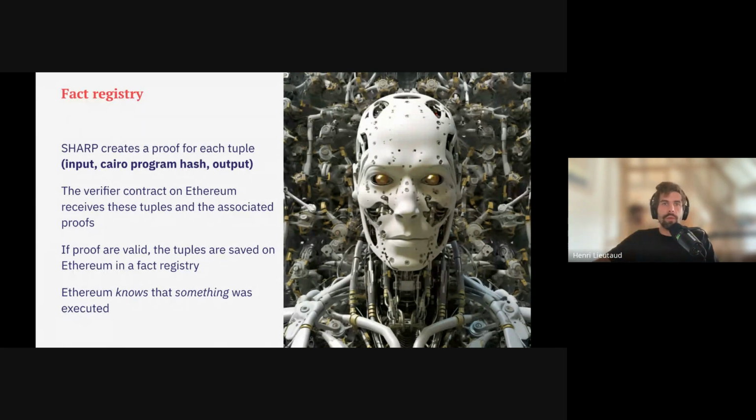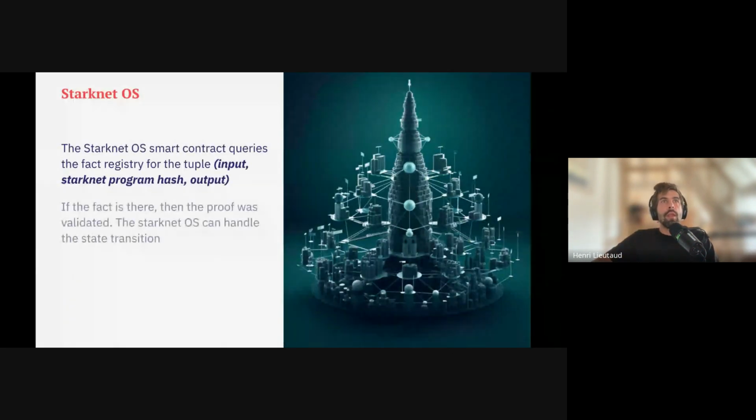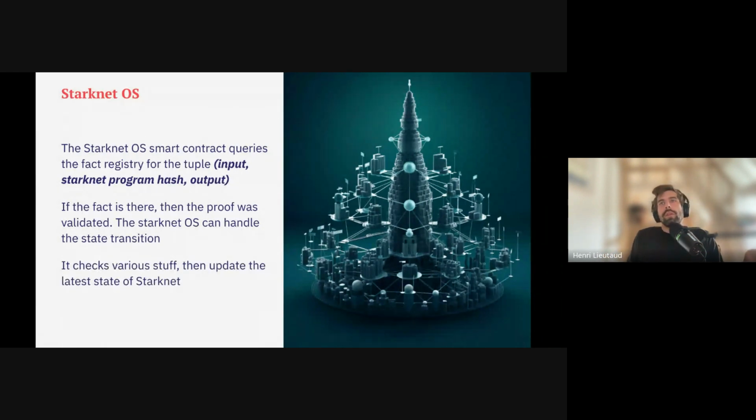Now, how do you build the state of Starknet on top of it? The StarknetOS smart contracts, or the Starknet core smart contract, queries facts from the fact registry, and it will verify that the proof was validated. So it will basically be able to say, yes, there was a state transition.